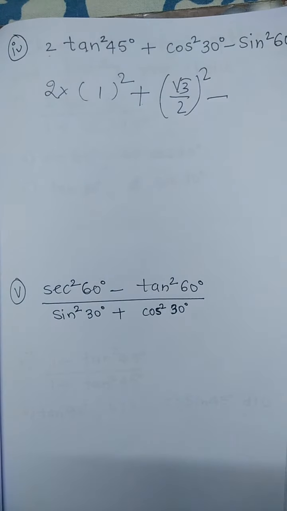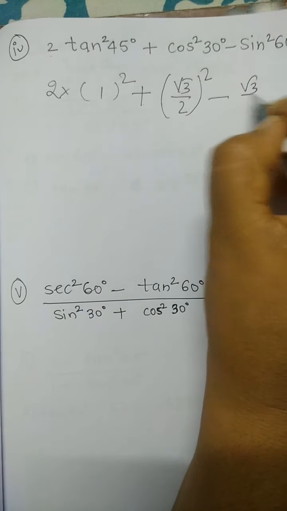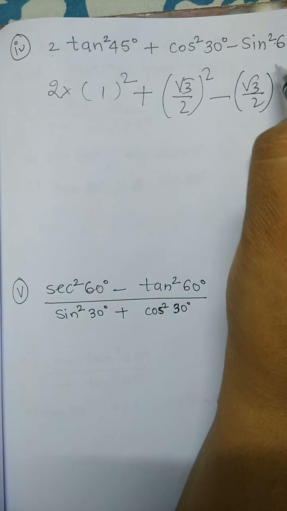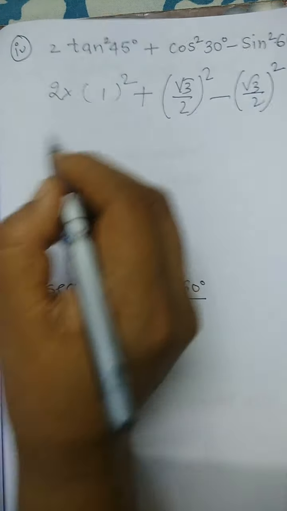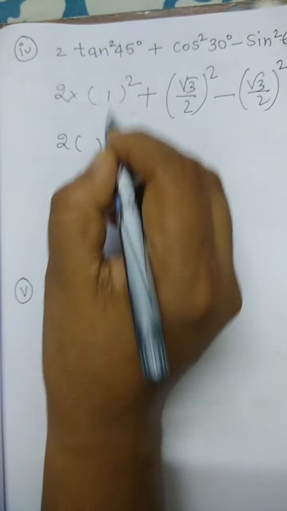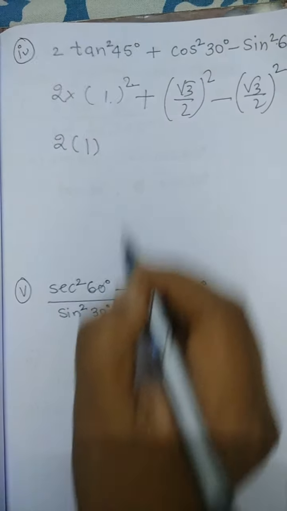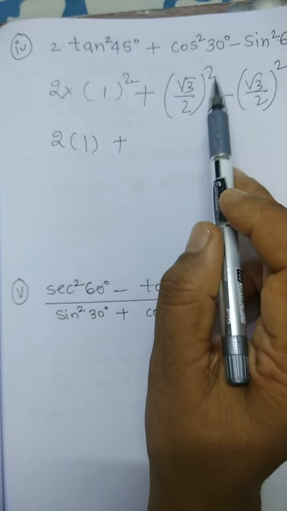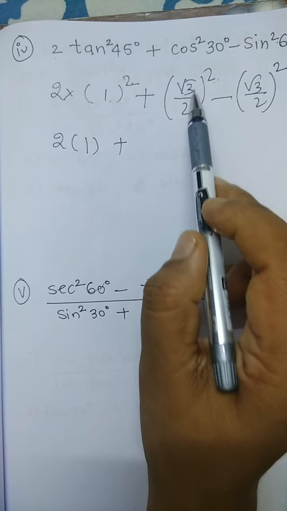minus sin square 60 degrees. What is the value of sin 60? Sin 60 is root 3 by 2. Then the square is there, so write the square. So 2 into 1 square is 1, plus this square is for both numerator and denominator.